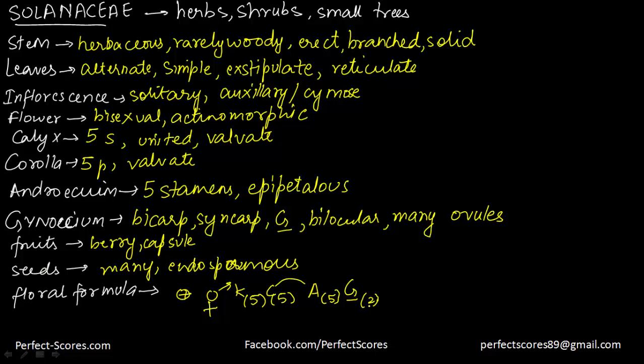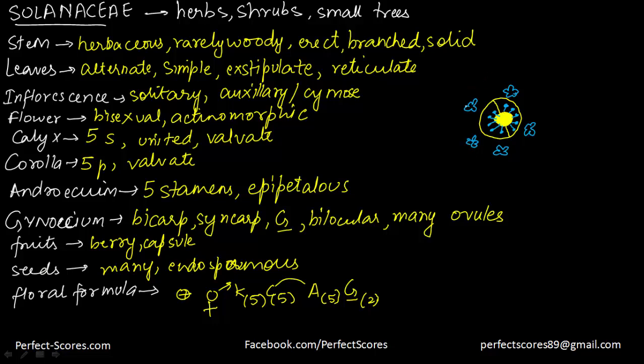So this is the innermost structure of the ovary, and you can draw many ovules here arranged like this. Outside of this you have 5 anthers. 1, 2, 3, 4 and 5, and they're fused together with the corolla.